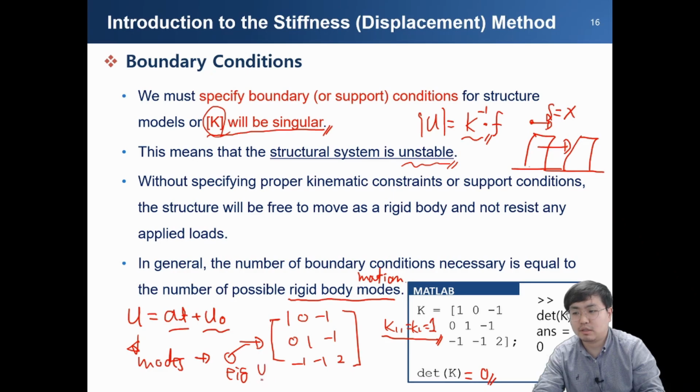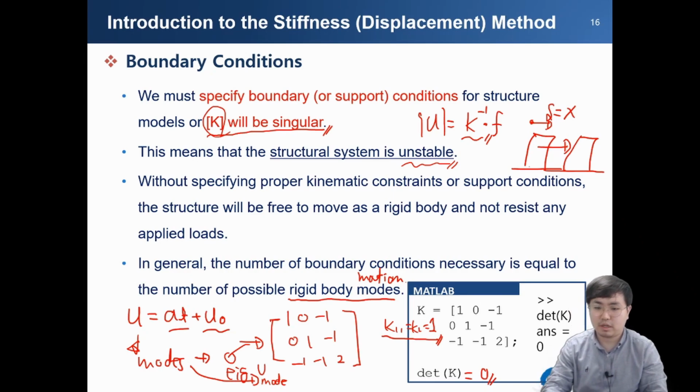eigenvalues or eigenvectors. Here, eigenvector means eigenmode. I think you learned about those kinds of system dynamics in the vibration lecture or some dynamics course, so the finite element method is strongly related to that work. At the end of the lecture, maybe we are going to learn about the mode and how we can use it.